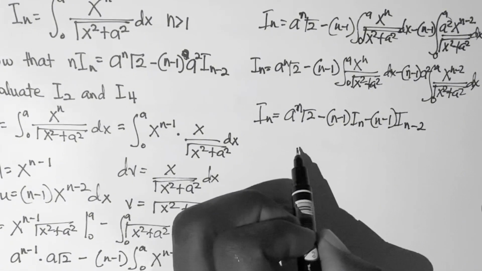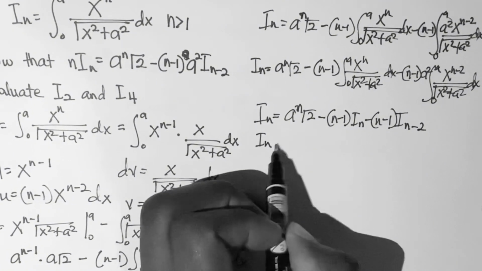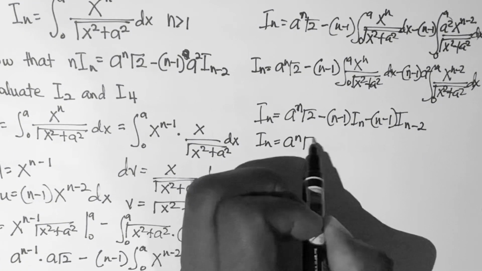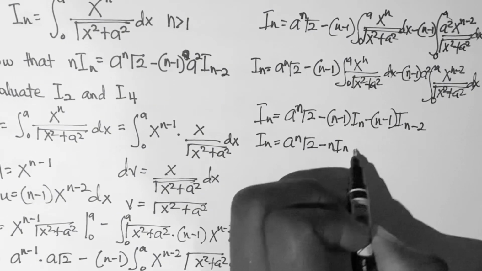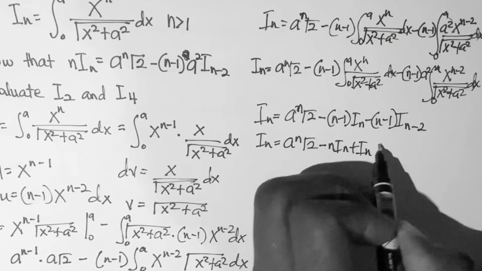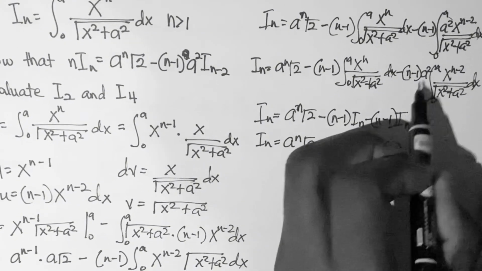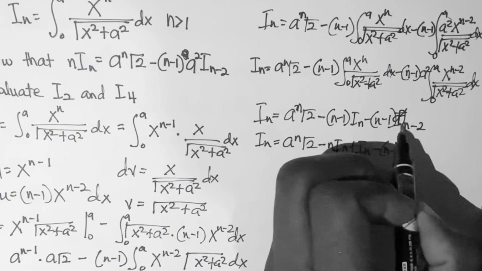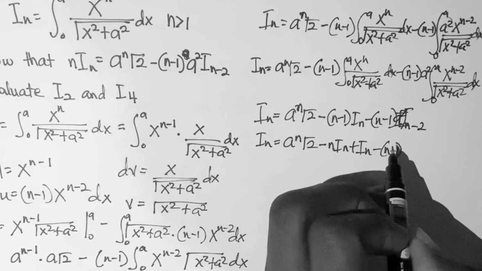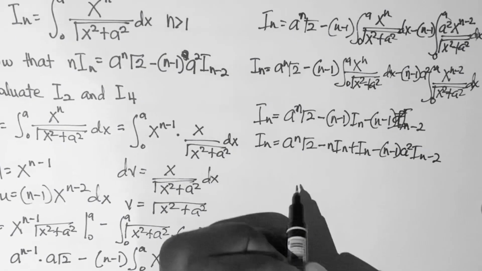So let's expand this. So I of n is equal to a exponent n root 2, then minus n I of n plus I of n minus into bracket n minus 1. Sorry, there's an a squared here which I ignored. So here's a squared I of n minus 2.